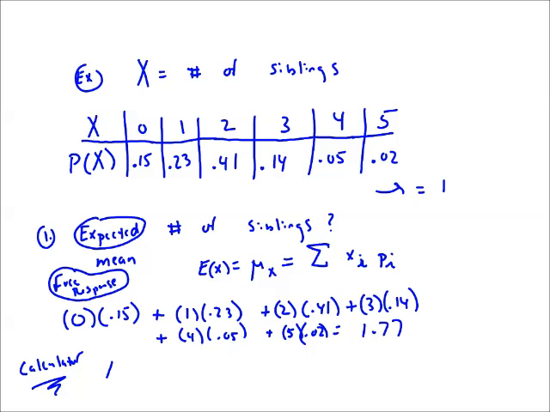The best way, in the calculator, you put x's into list 1, you put probability into list 2, and then you do second, calculate, 1-Var Stats.